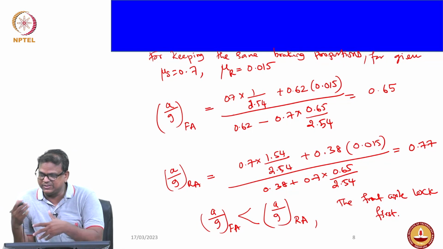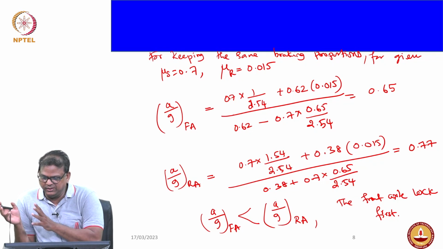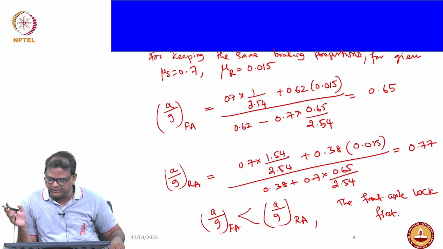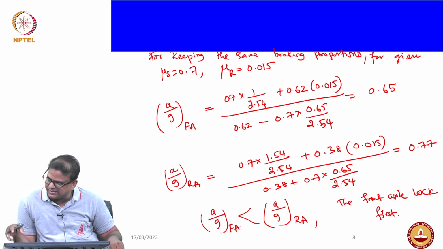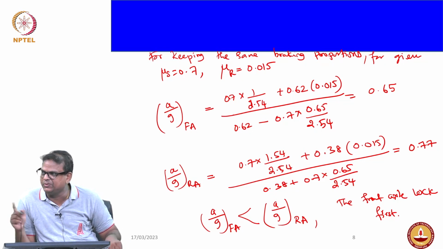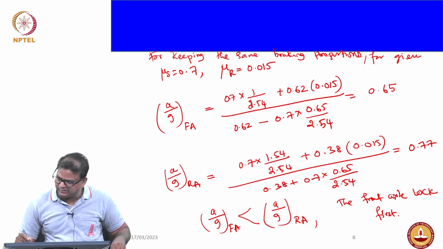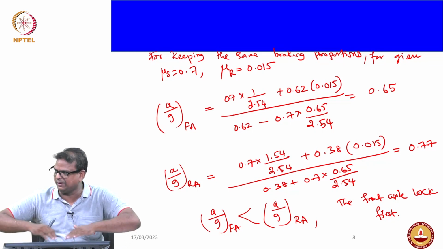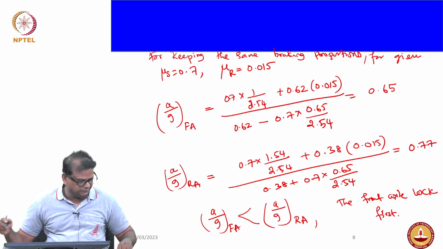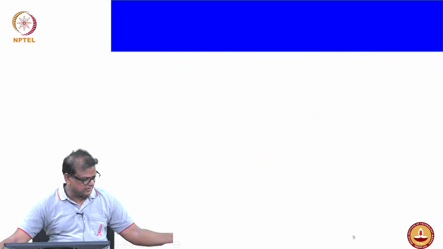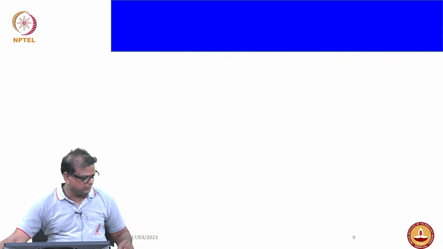There is one more scenario: we keep the road adhesion the same but change the proportions. At a later stage I will give you a problem on that. So obviously the front axle wheels will skid first. This is what is happening here. So one more question is clearly given.